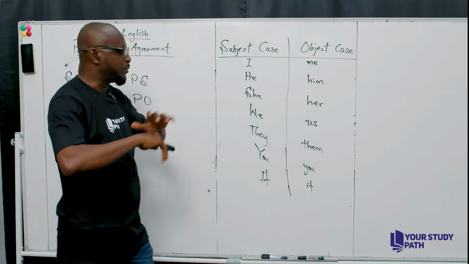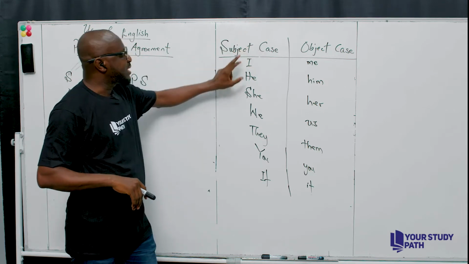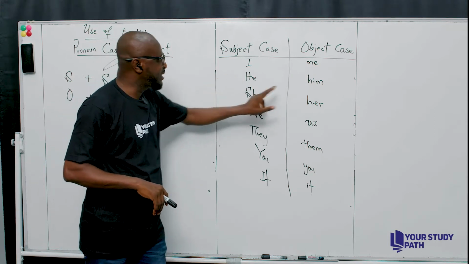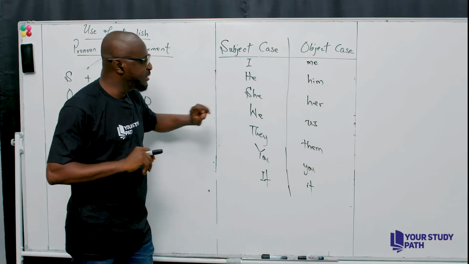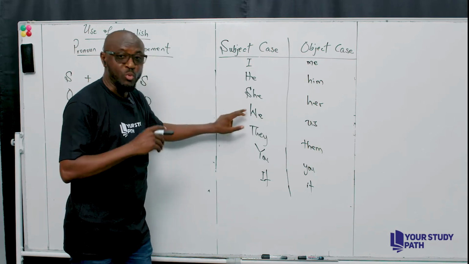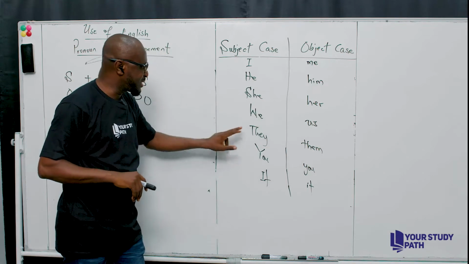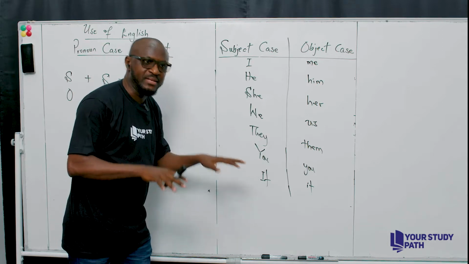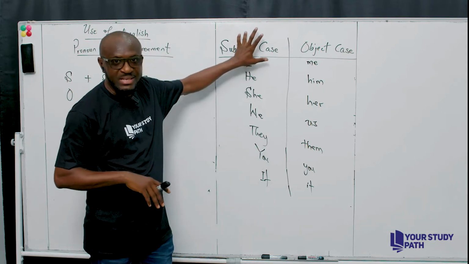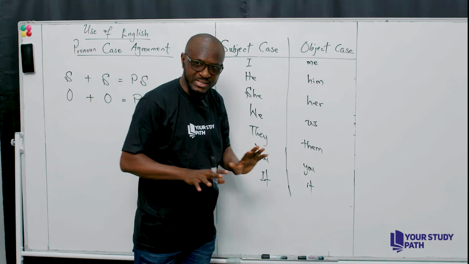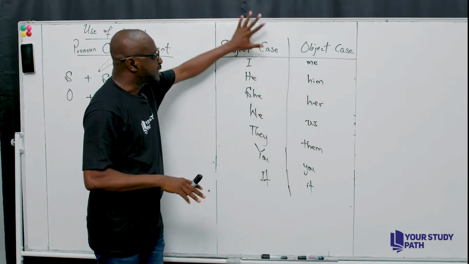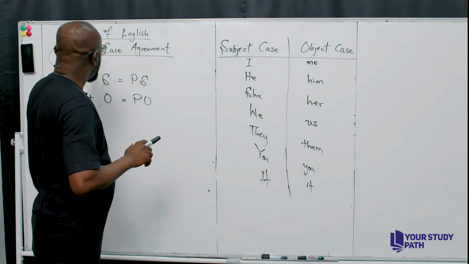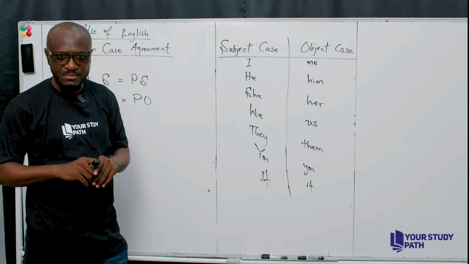So, subject case "I," object case "me"; subject "he," object "him"; subject "she," object "her"; subject "we," object "us"; subject "they," object "them." Then "you" and "it" retain their forms, whether as subject cases or as object cases. So these are the two pronoun cases we shall work with with respect to pronoun case agreement.